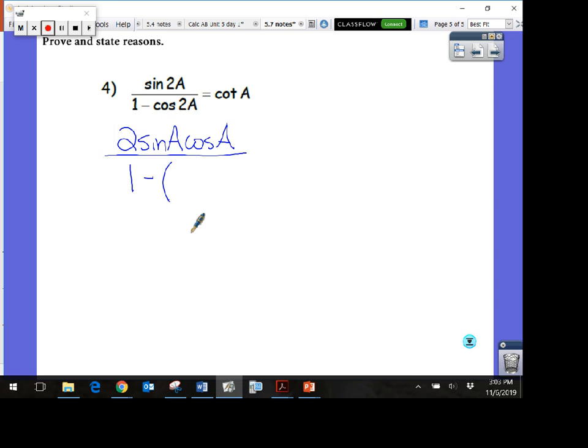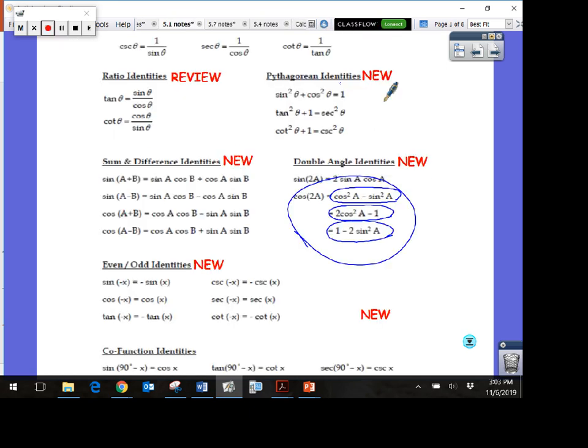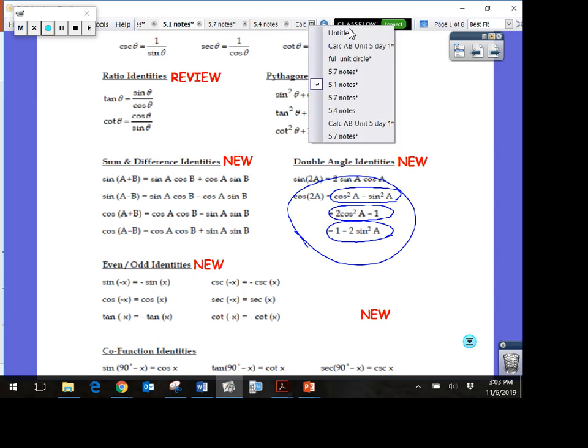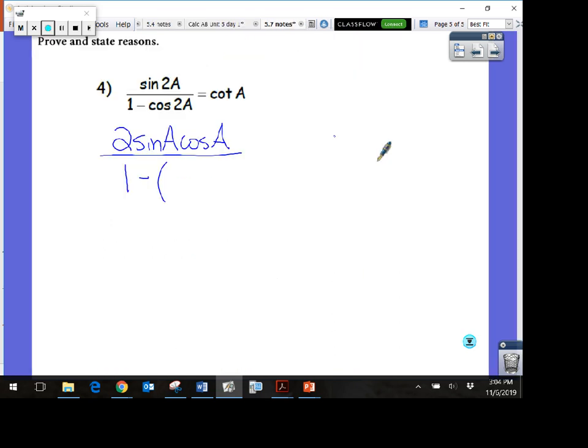So when I go back and I look at my IDs, I have these 3 options: cosine squared and sine squared, just cosine squared, or just sine squared. Since I know I for sure need a sine in the denominator at some point, I'm going to pick that last one. Maybe it's a good choice, maybe it's not. So I'm going to choose 1 minus 2 sine squared A.